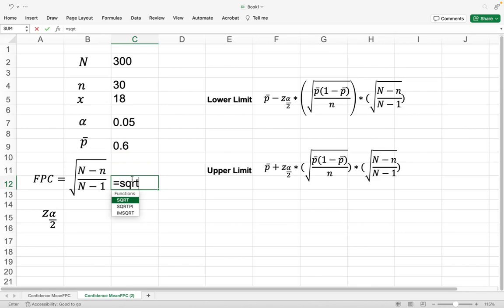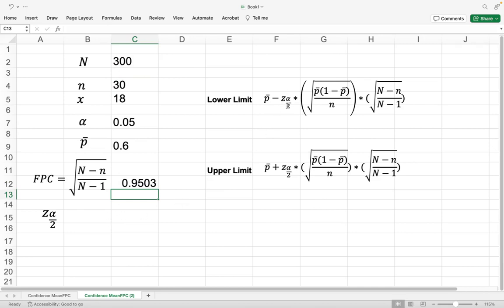So, square root of population size minus sample size divided by population size minus 1. That's the FBC factor.